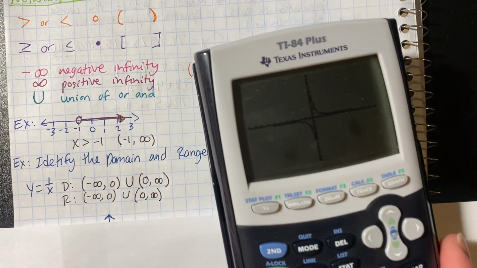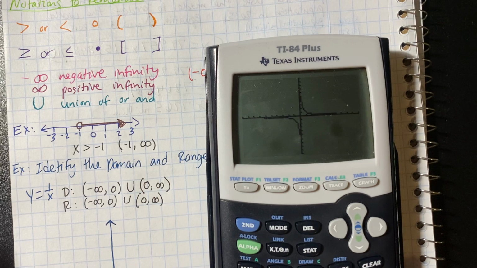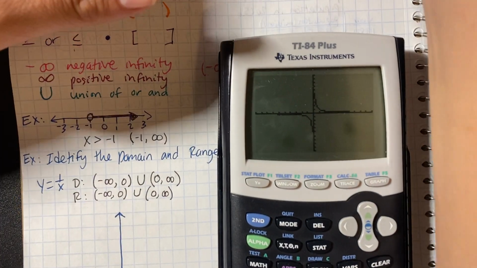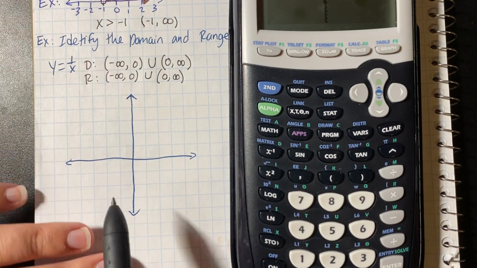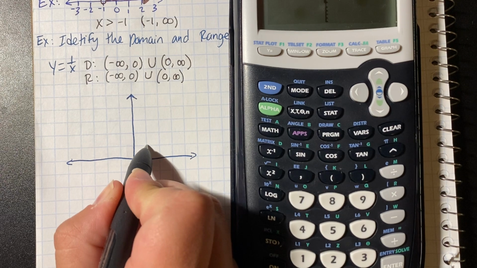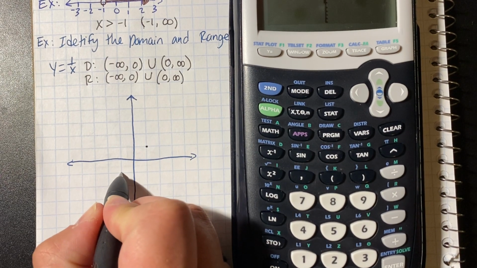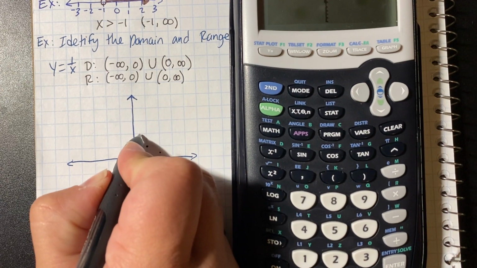All right, so then I'm going to put down a sketch here. I'm just going to use my graph to make my sketch. All right. We could think of some points. So if you put a 1 here, it's going to be 1. And -1 will be a -1. If you put a 2, we're going to have 1/2.